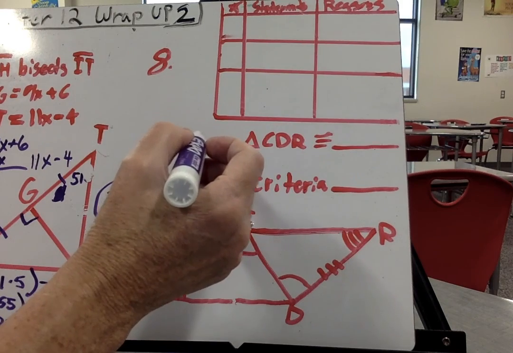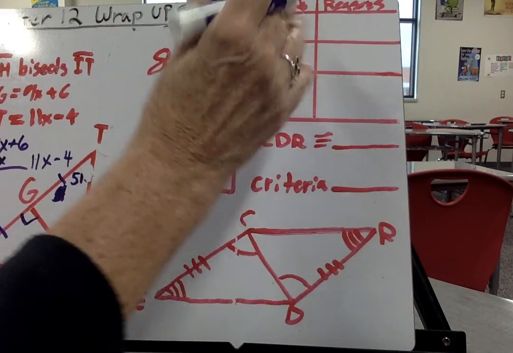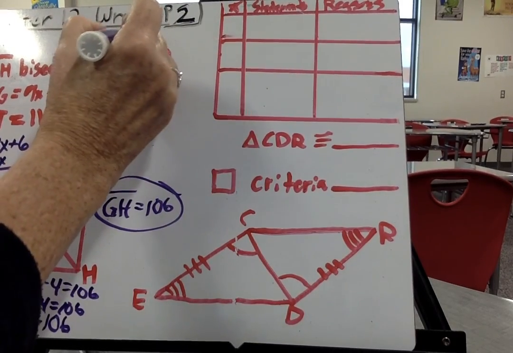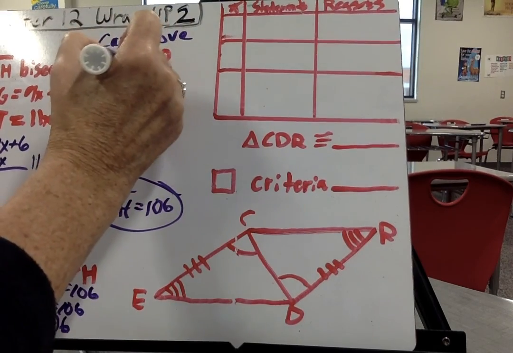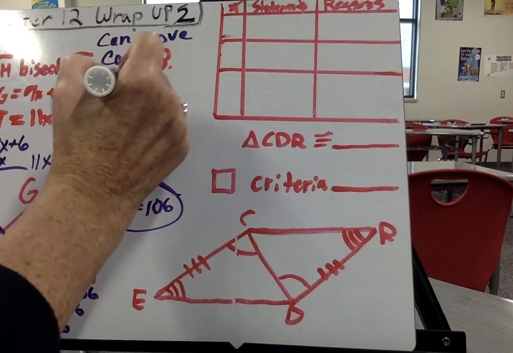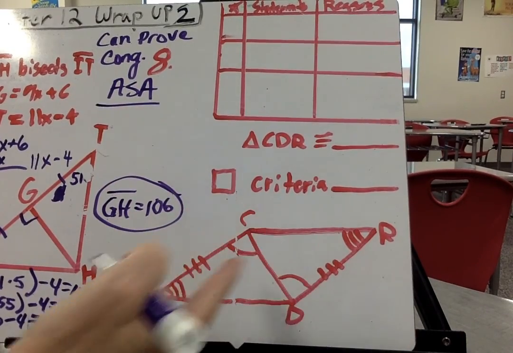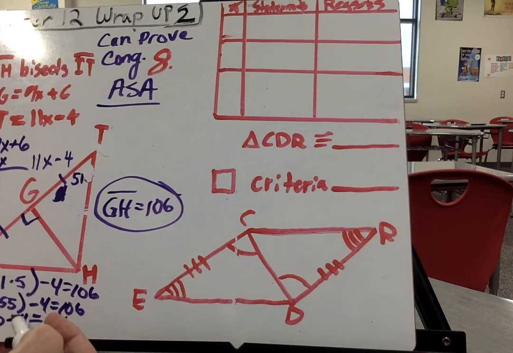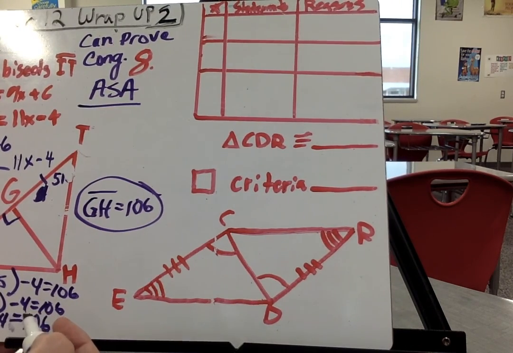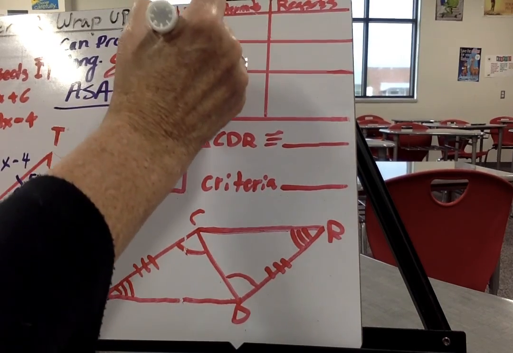So we can prove congruence for angle, side, angle. Angle, side, angle. Yep. Okay, so first we're going to say by angle, side, angle.